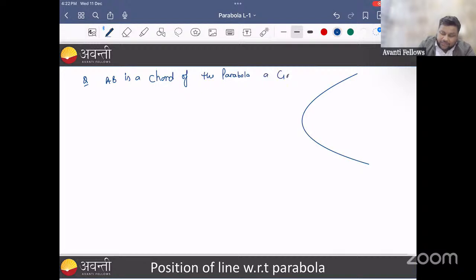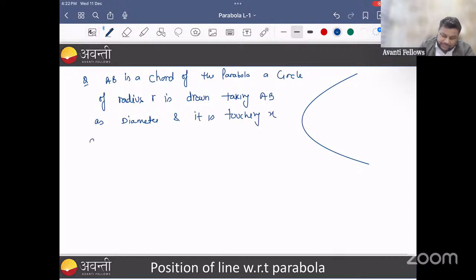A circle of radius r is drawn taking AB as diameter and it is touching the x-axis.